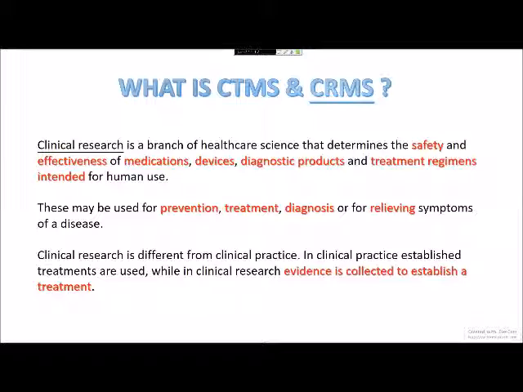Those may be used for prevention, treatment, diagnosis, or for relieving symptoms of a disease. Clinical research is different from clinical practice.